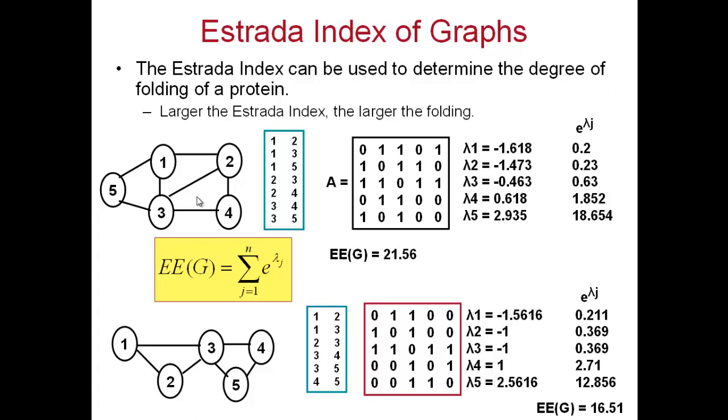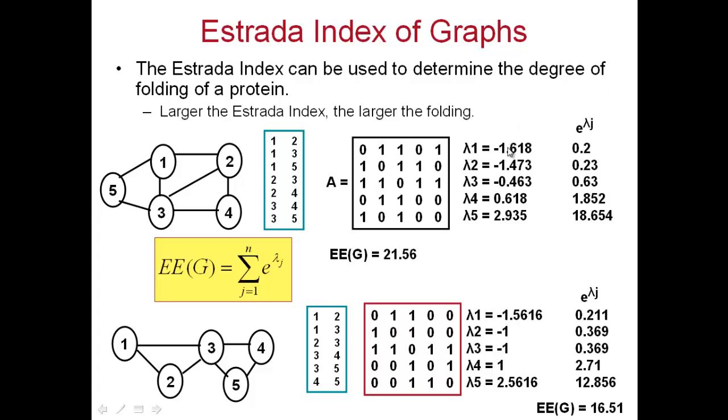Okay, so the idea is to compute the eigenvalues of a given graph, again using the adjacency list or matrix, and then use this formula, which is to find e to the power of these eigenvalues. So you're going to have 5 eigenvalues for this 5-vertex graph.